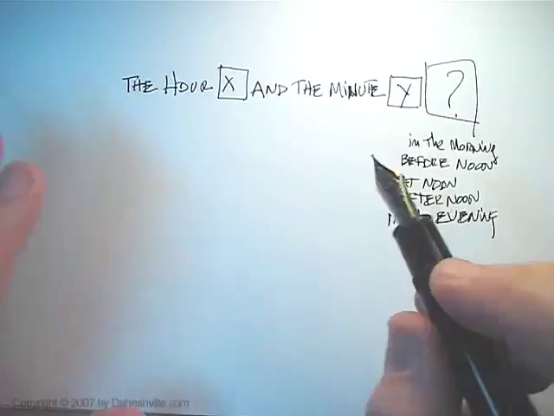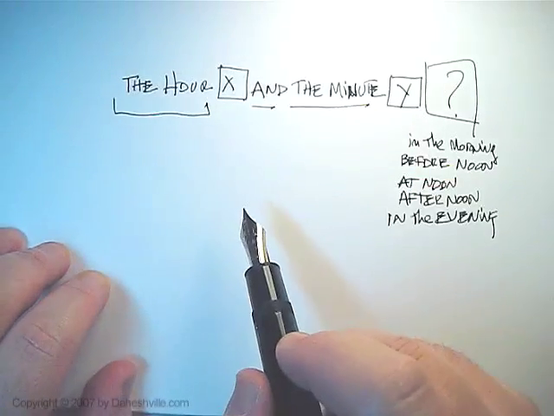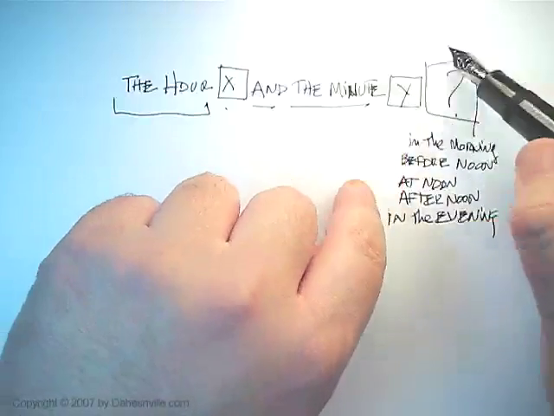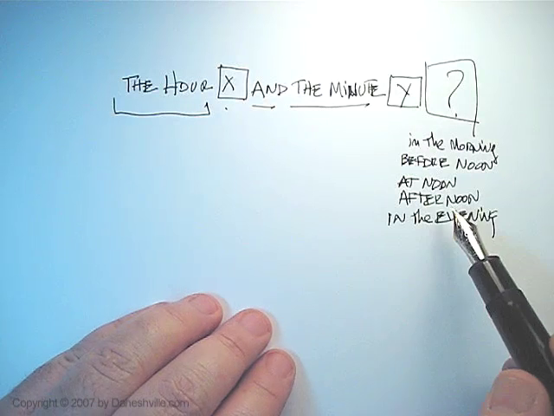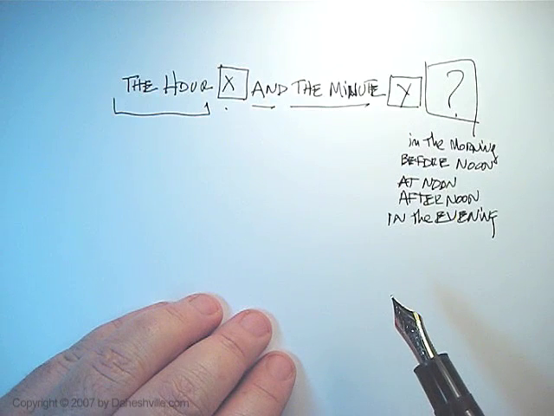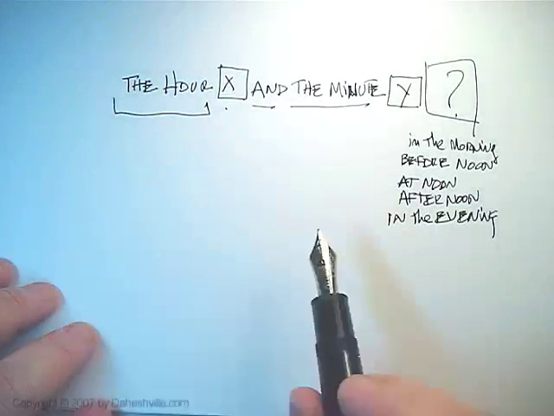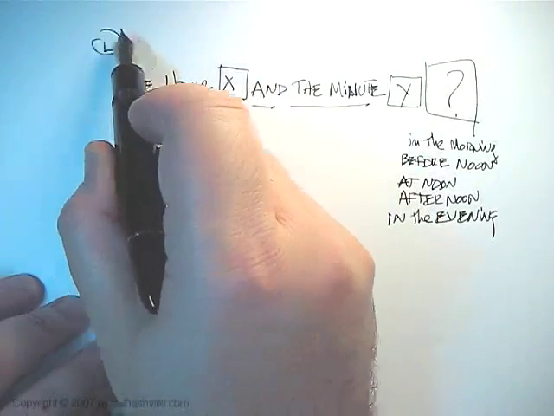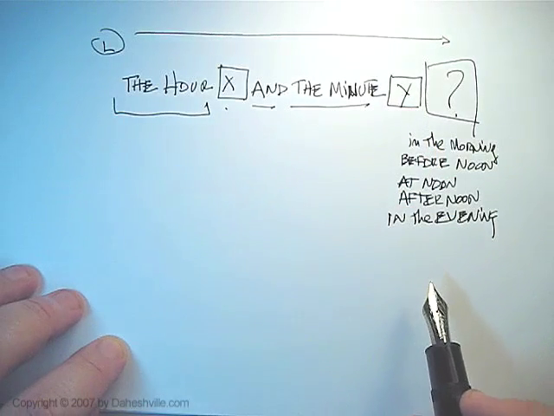So, again, the formula is the hour and the minute. So the hour, value, and the minute, value, and the qualifier, whether it is in the morning, before noon, at noon, afternoon, in the evening. Now we'll skip over dawn, before dawn, after dawn, midnight, after midnight. And that is probably why Arabic is not the official language in aviation.